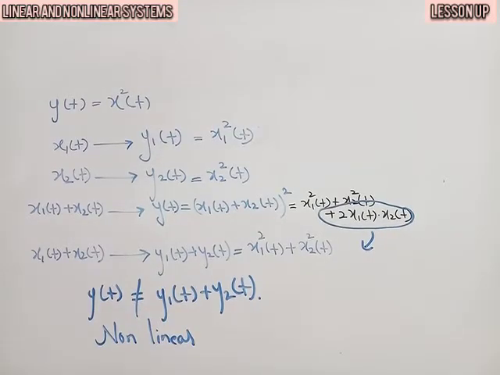So, a system is said to be linear if it satisfies the superposition theorem.